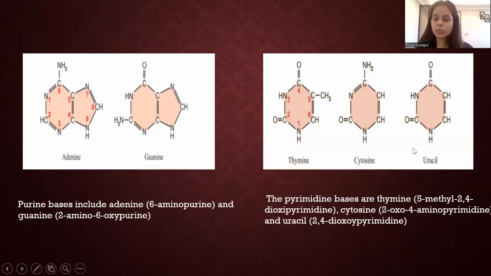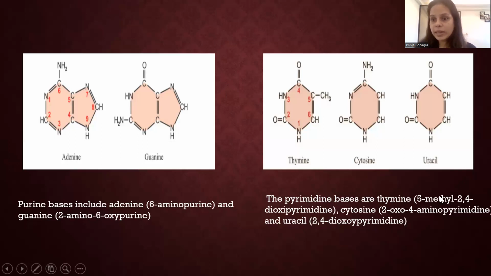Coming to uracil, it has already been said that the difference between thymine and uracil is that in uracil, the methyl group is not present. So what exactly is it going to be called then? It is simply 2,4-dioxypyrimidine.